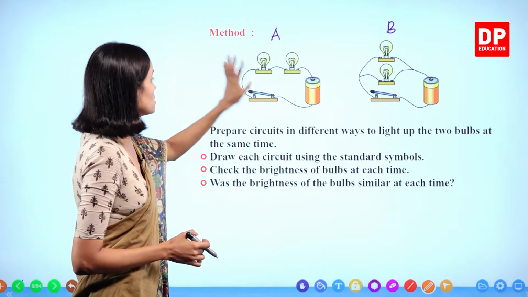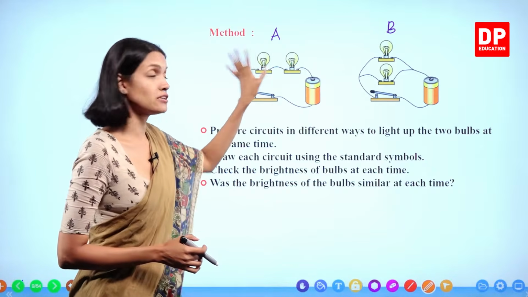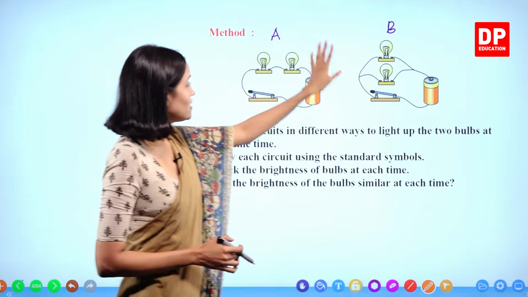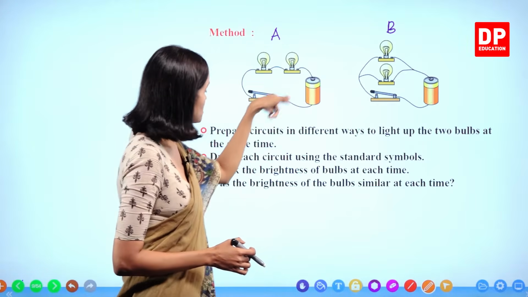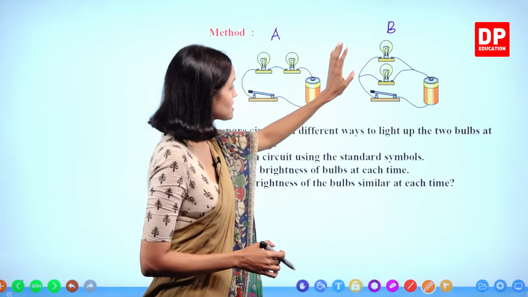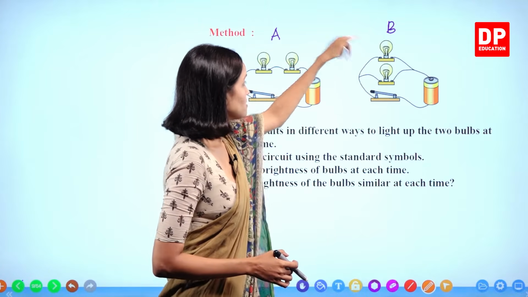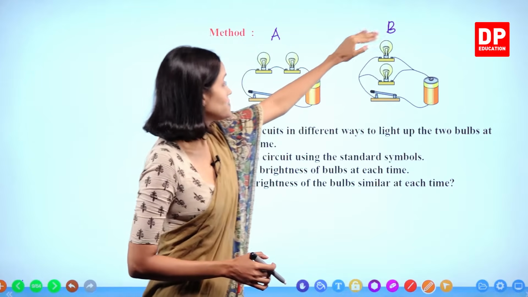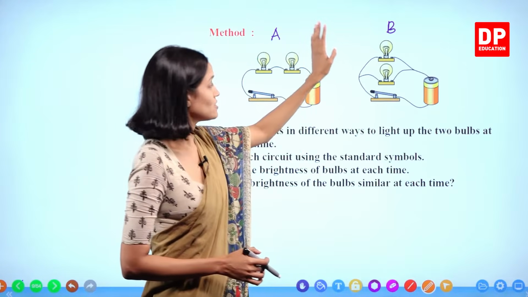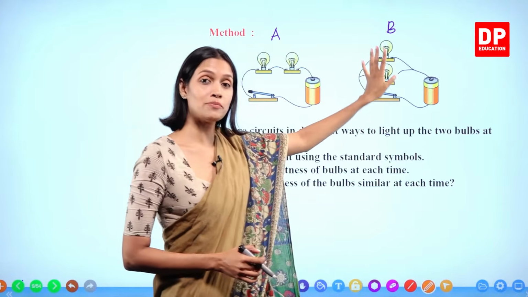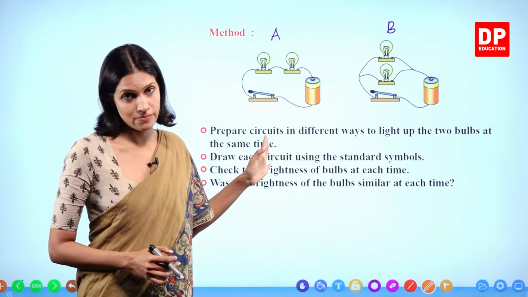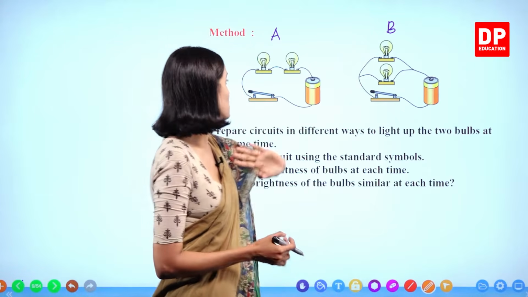We are going to check what the brightness of the bulb would be like. And then we are going to change this circuit into this, right? The second circuit we are going to prepare like this. You all can see the bulbs are connected in 2 different ways, right? And then in the second instance, we are going to check what happens to the brightness of the 2 bulbs.